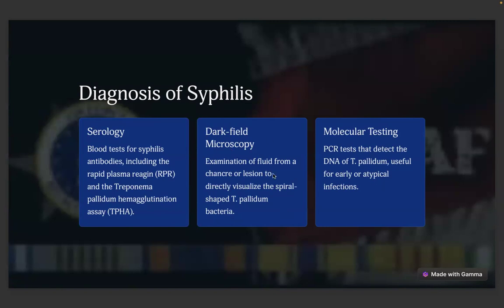We also have other ways of testing for this bacterium. Actually, we don't prefer using direct methods to diagnose this bacterium because it is highly infectious, so we fear that laboratory workers may get infected. Okay.